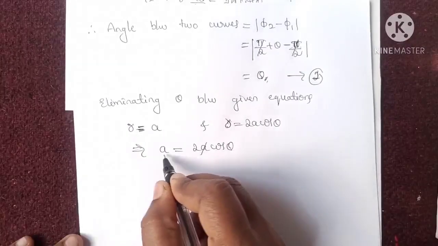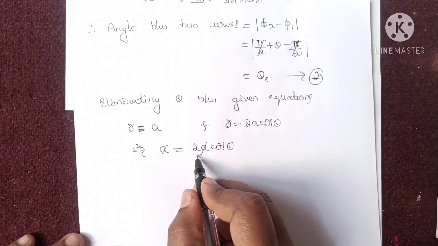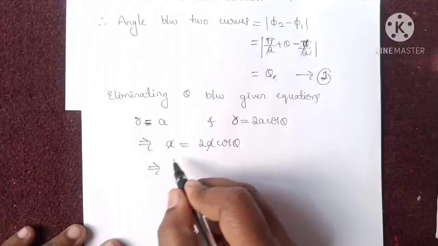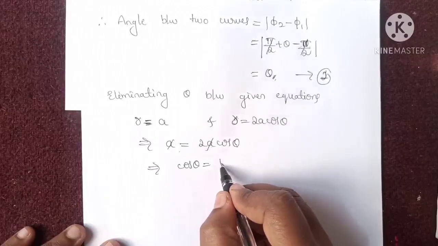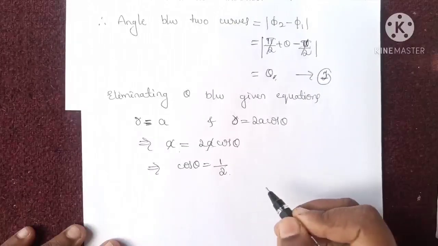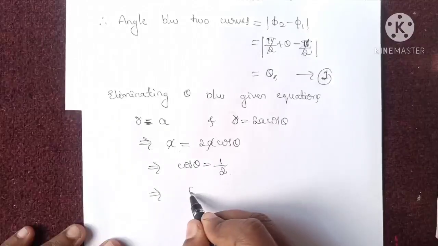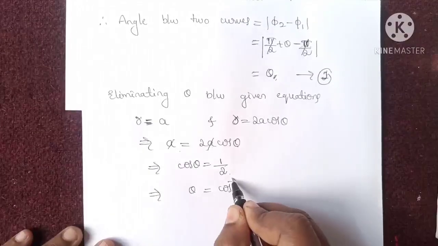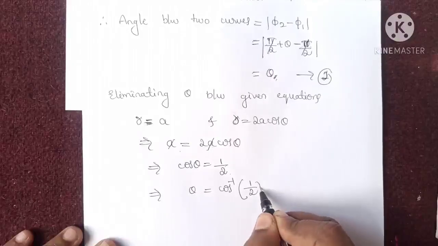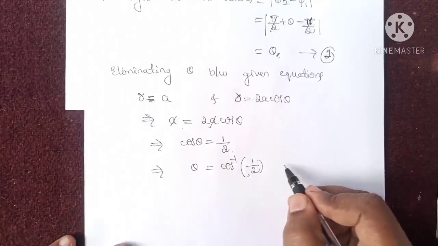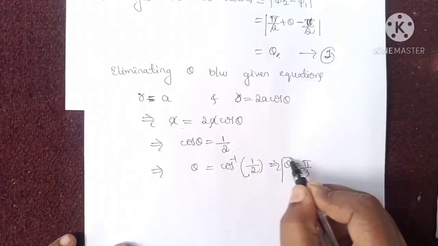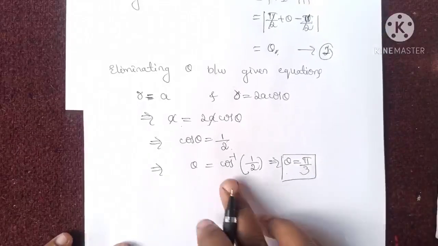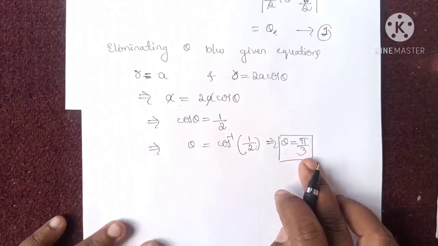The a cancels, so cos theta equals 1 by 2. So theta equals cos inverse of 1 by 2, which is pi by 3.